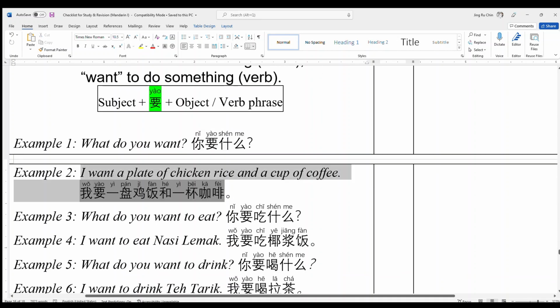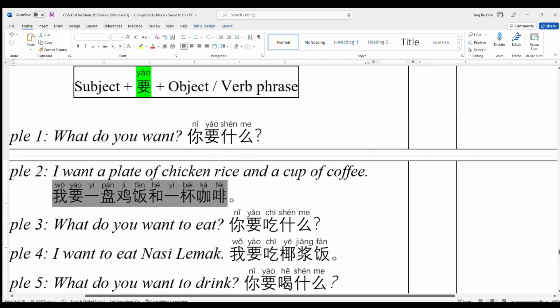Then you can answer that person. Oh, I want a plate of chicken rice and a cup of coffee. So this person is at a restaurant, yeah? So he is ordering. He tells the waiter or the waitress, 我要一盘鸡饭和一杯咖啡. So you see, he wants two things here. Let's take a closer look.